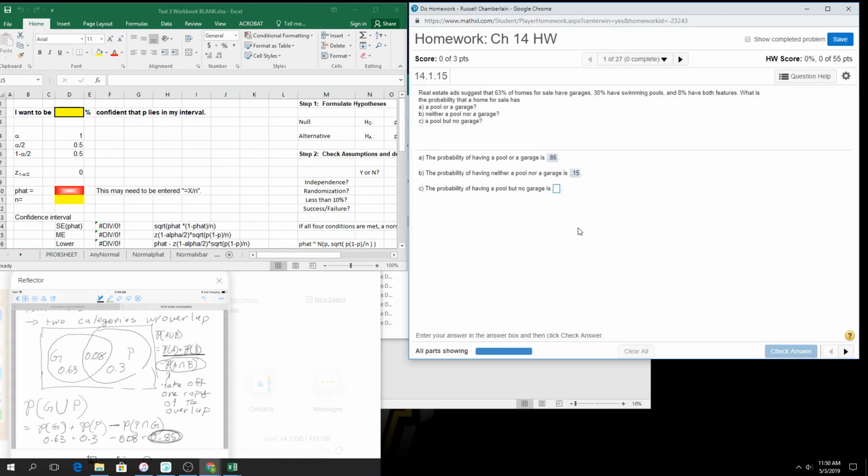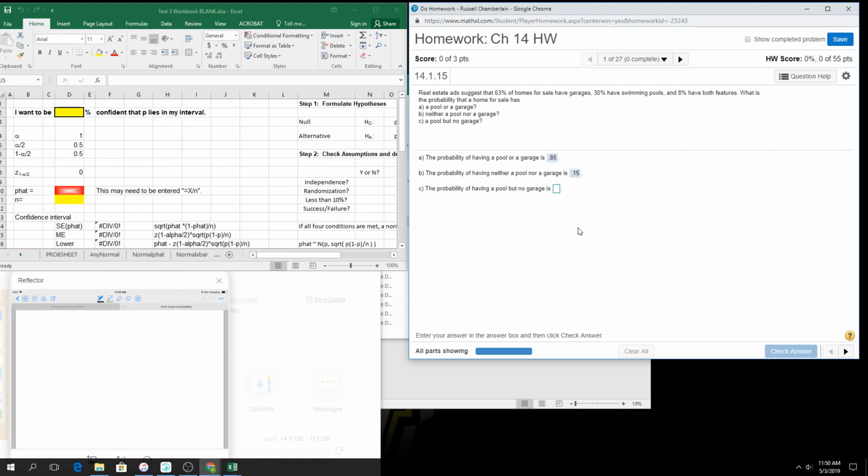Okay, so what's the probability of having a pool but no garage? Okay, so 30% have a pool, 8% have both. So the probability of pool, no garage.